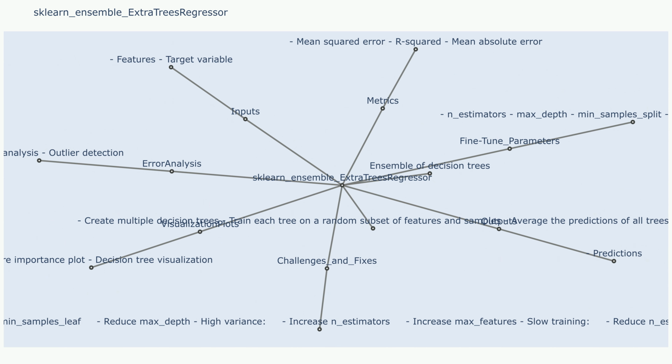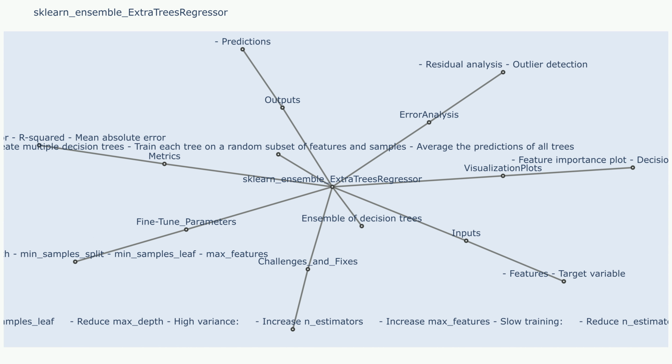Min sample split. Minimum number of data points required to split a node in a tree. A higher value prevents overfitting to small groups of data points. Max features controls the number of features randomly selected at each node split. It helps in diversifying the trees and reducing variance.